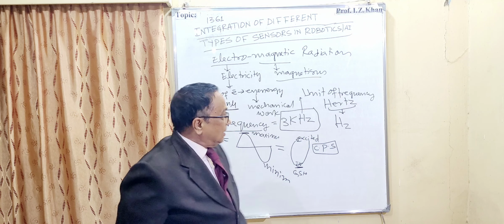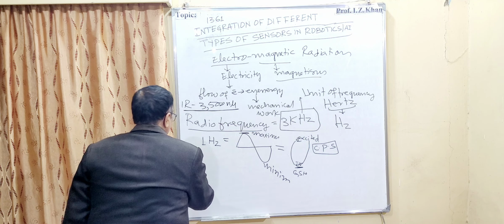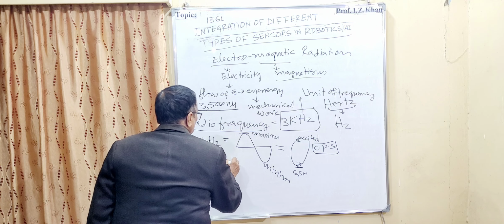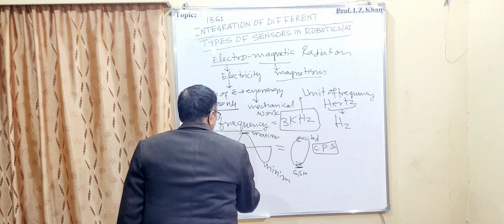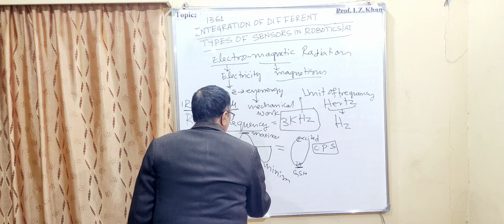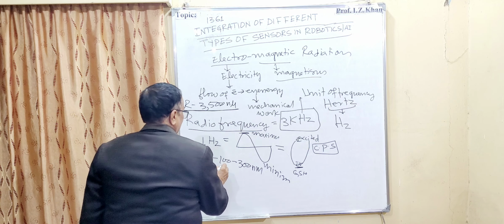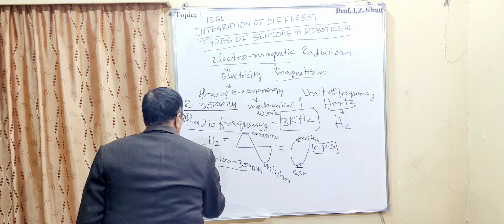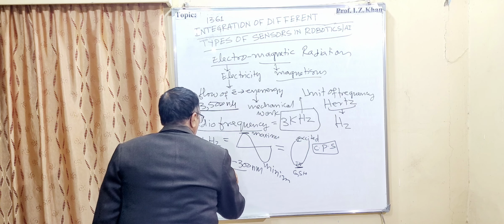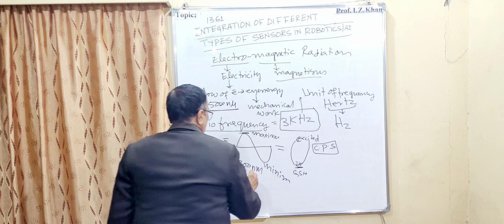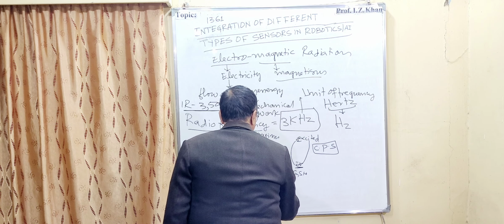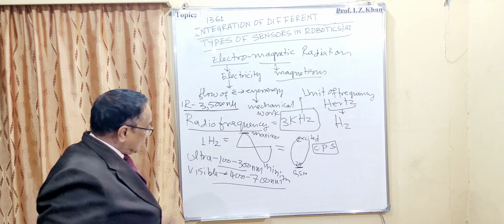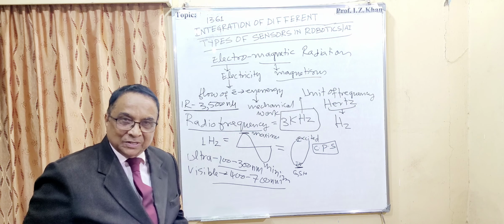If I say ultra, for example ultraviolet, it means it is 100 to 300 nanometer wavelength. If I say visible wavelength, it is 400 to 700 nanometer, like that. And in this way, all the wavelengths and frequencies are calculated.